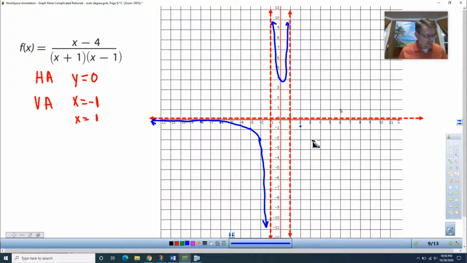Okay. And then you got 3 and -0.1. So that's way close to this guy, right? And then 4, 0. Hold on a second. That's actually touching the asymptote, isn't it?